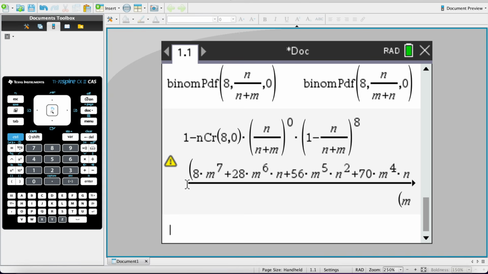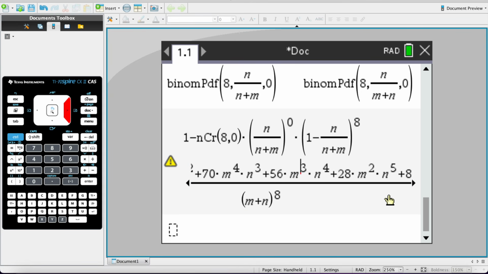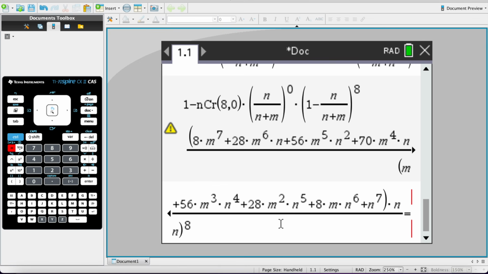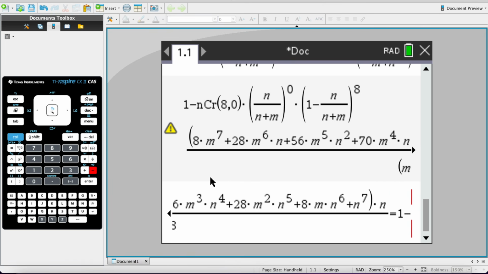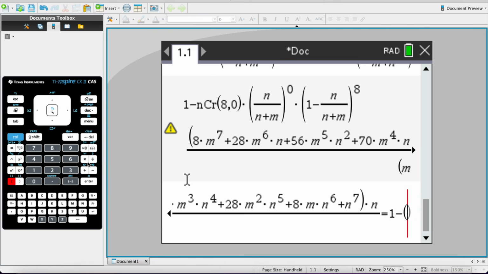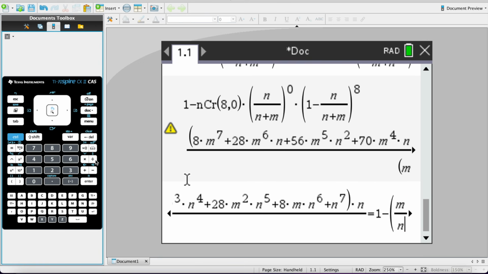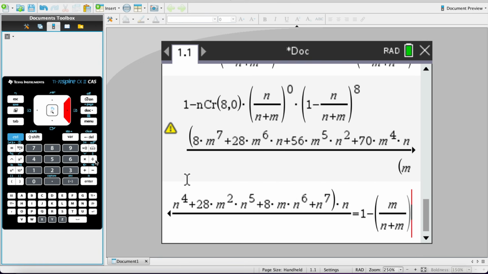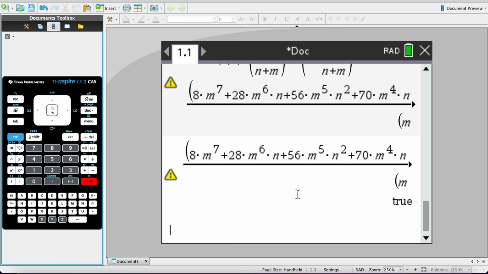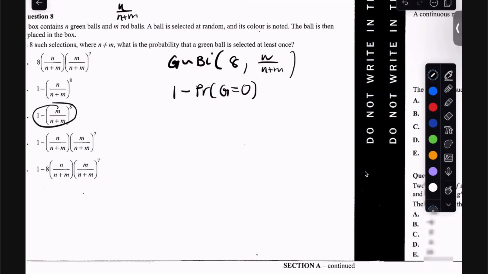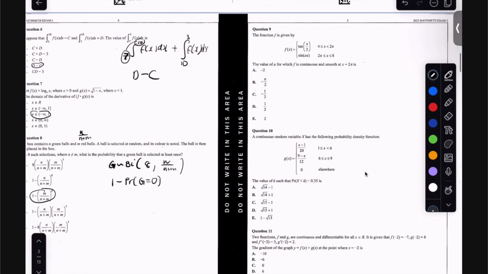We can say, on the CAS, is this whole thing equal to what we think would just be 1 minus, in brackets, m over n plus m to the power of 8, and it should say true, yes. So the answer is going to be C here. So that's okay. It's a little bit tricky, but that's all right.